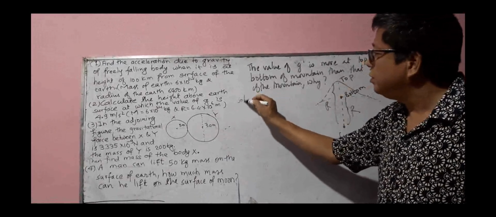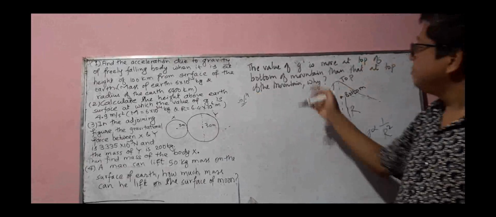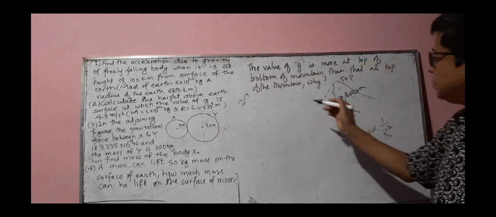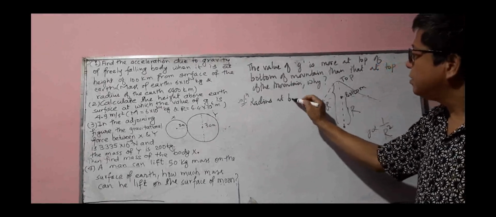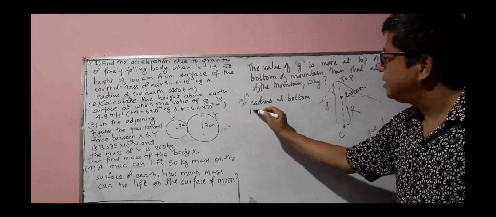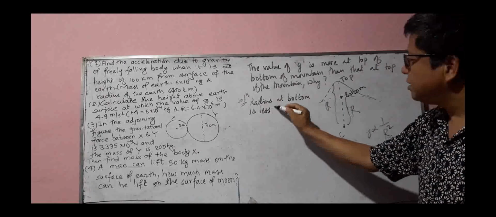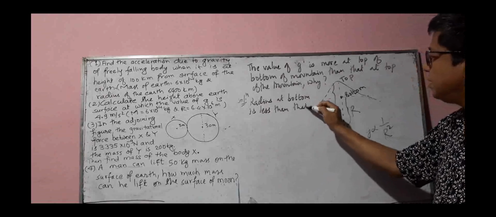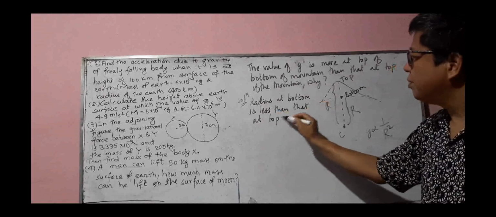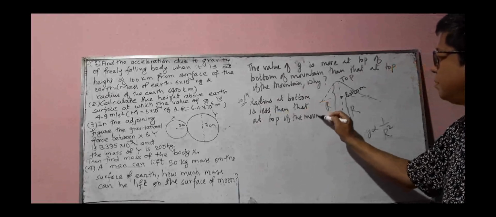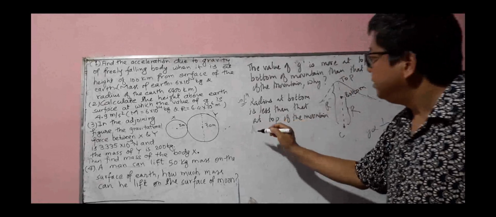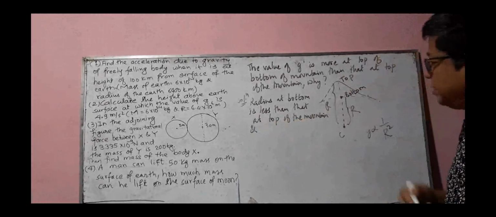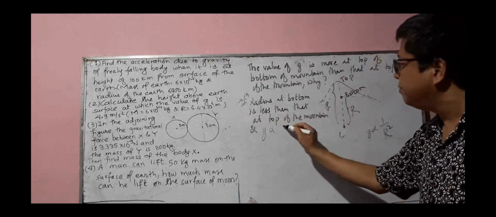So to write the reason for this question: radius at bottom is less than that at top of the mountain, and g is inversely proportional to the square of the radius.